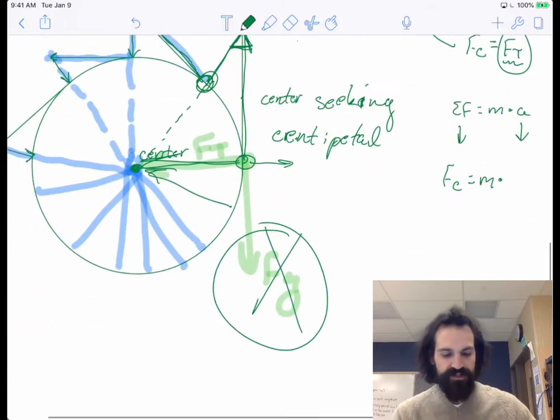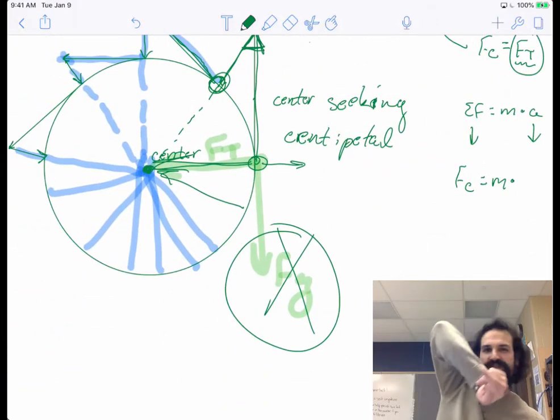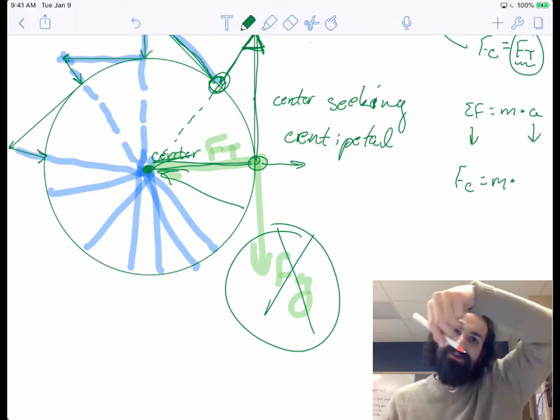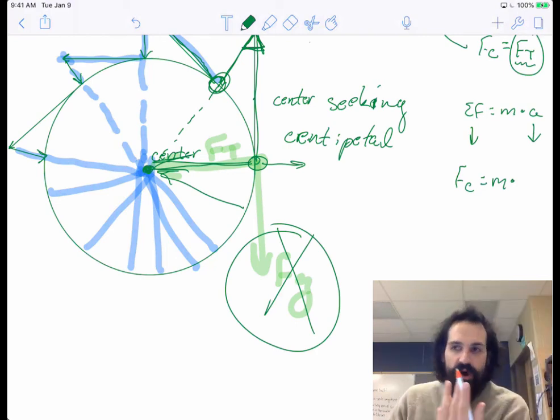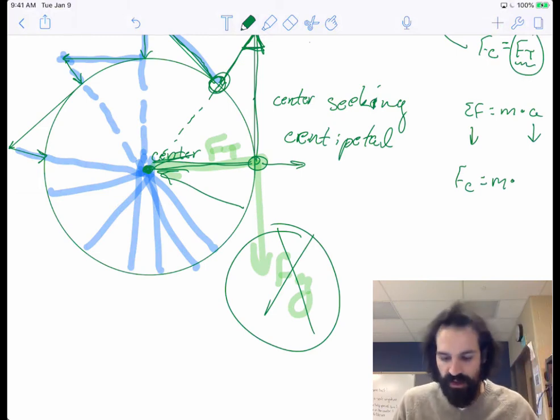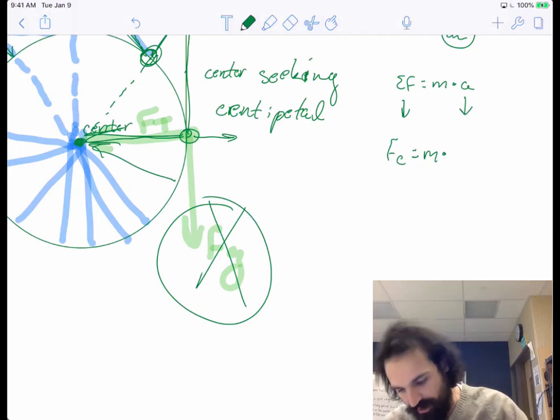So as you go around in this circle and the net force is always changing its direction, but it's still always pointing towards the center, the acceleration will do the same. That's also changing its direction, but it's always pointing towards the center with that centripetal force.